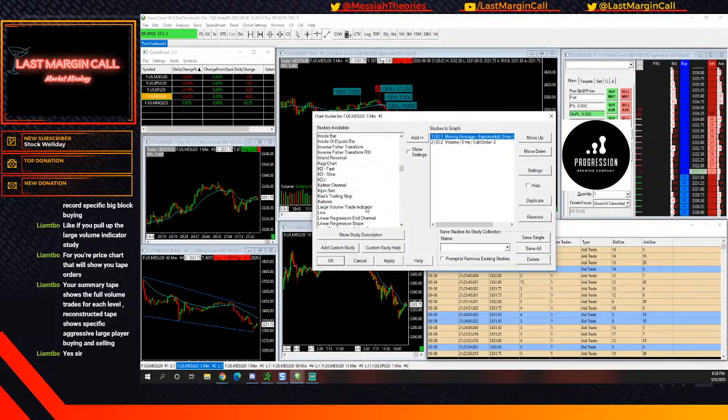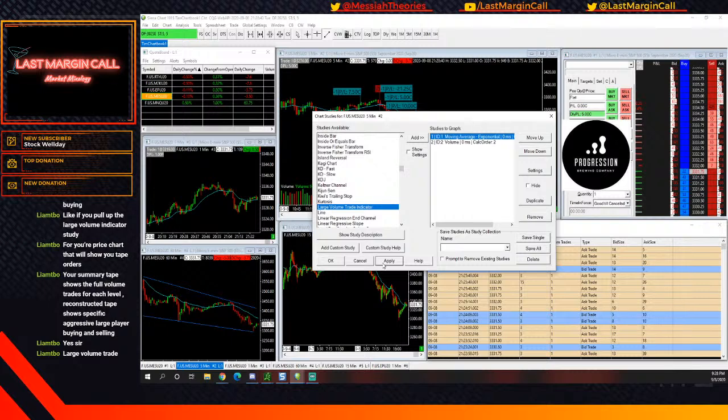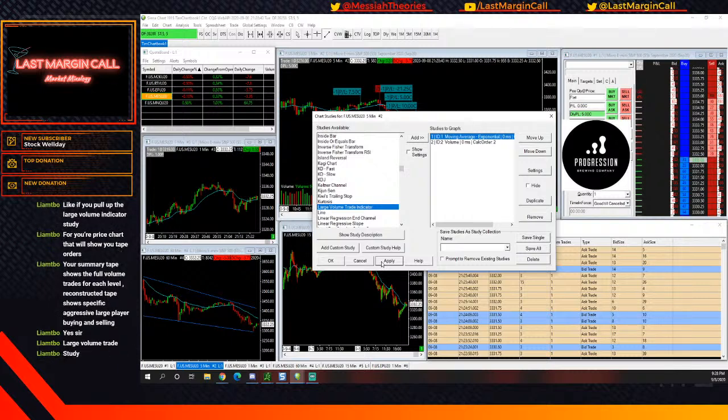Large volume trade indicator. I'll play with it afterwards, not right now. I'll check it out though. I don't mind.